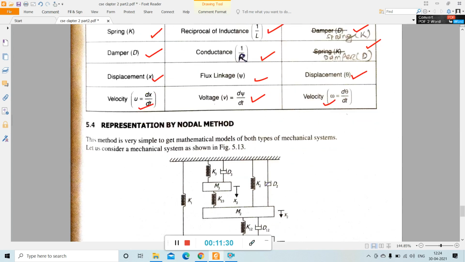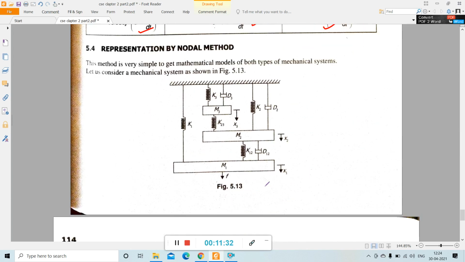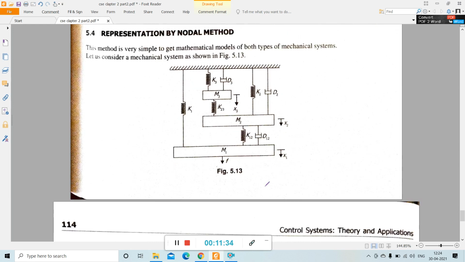The next one is representation by the nodal method. Here we have one physical system, and we have to represent this system in a mathematical model by using the nodal method. Let's consider this is a mechanical system.